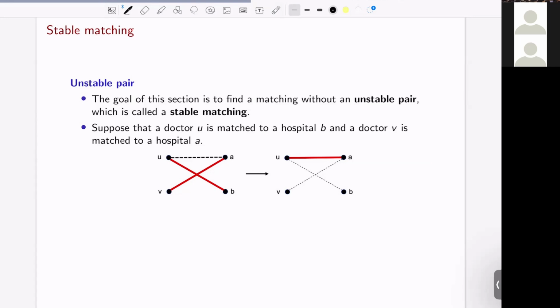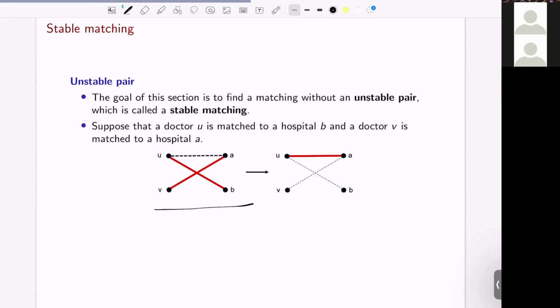Dr. U is assigned to hospital B and Dr. V is assigned to hospital A. But in fact, U prefers A over B and hospital A itself prefers U over V. When we have this situation, there's an incentive for Dr. U and hospital A to break their ties and get assigned to each other.